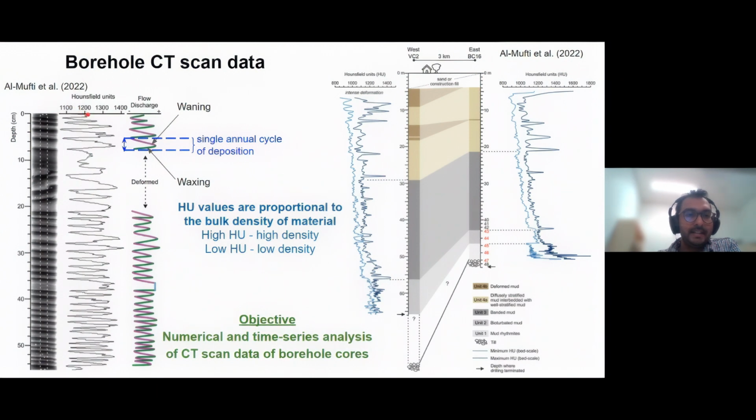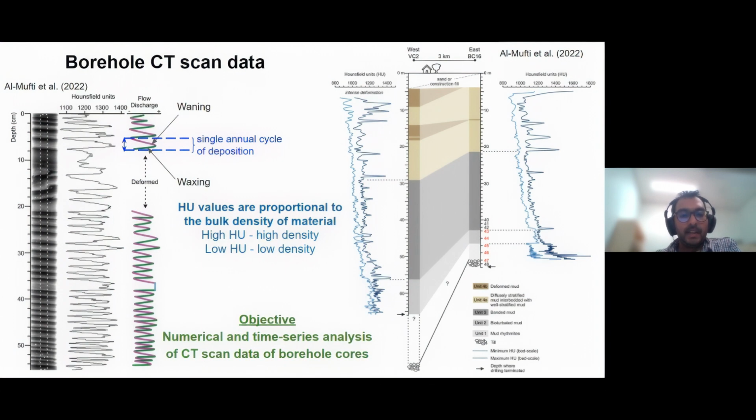You can see clearly that there are some cyclical variations in these Hounsfield units going down the borehole. One of these cycles is proposed to represent one waxing and waning cycle that occurs within 1 year of deposition.